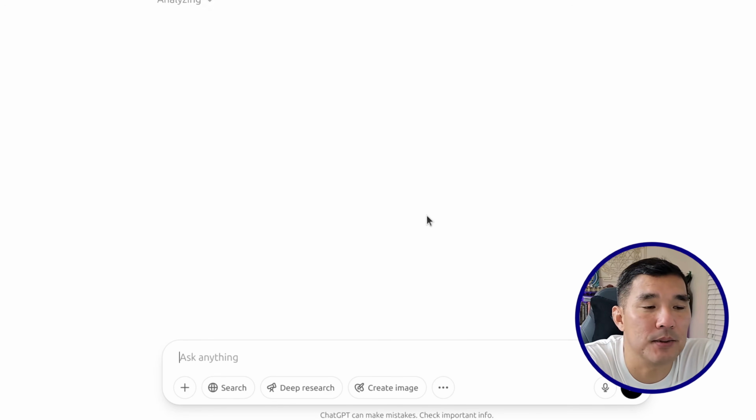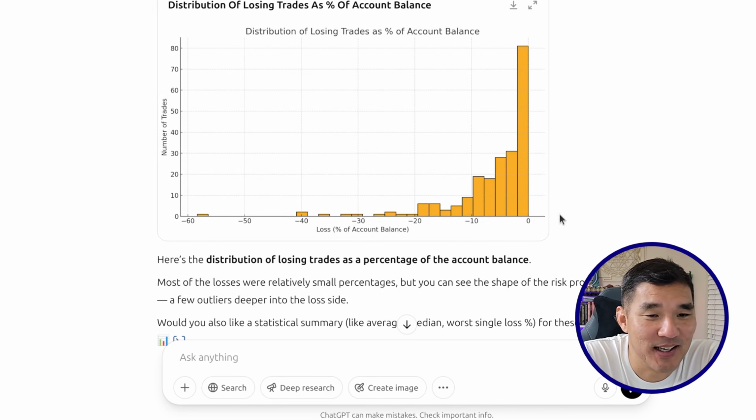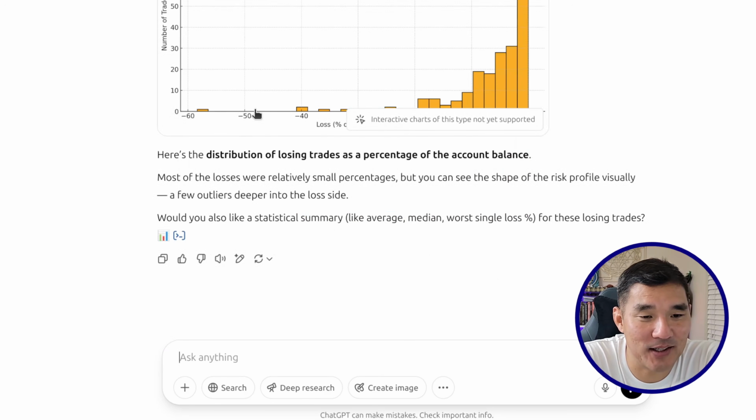Okay, so let's see what it says. As you can see, there were a lot of really small losers, and then there are a few huge losers right there. That's what's probably tanking the account there.